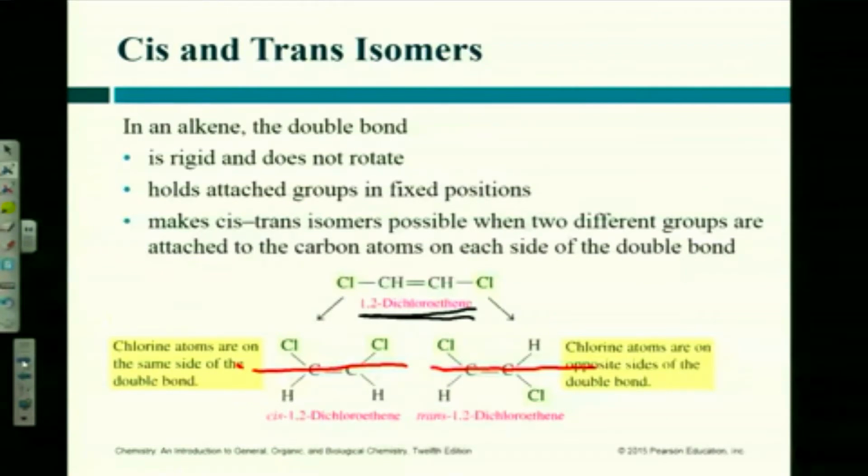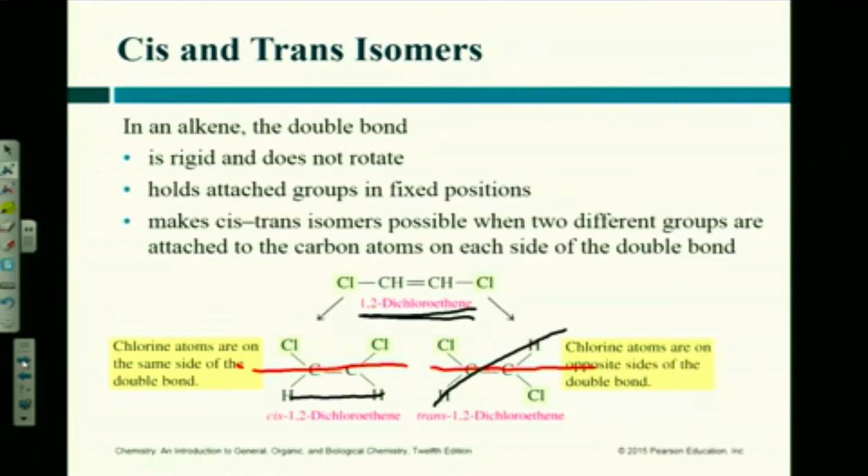These hydrogens are on the same side, so this is cis 1,2-dichloroethene. Here they're on opposite sides, right? So this is trans 1,2-dichloroethene.